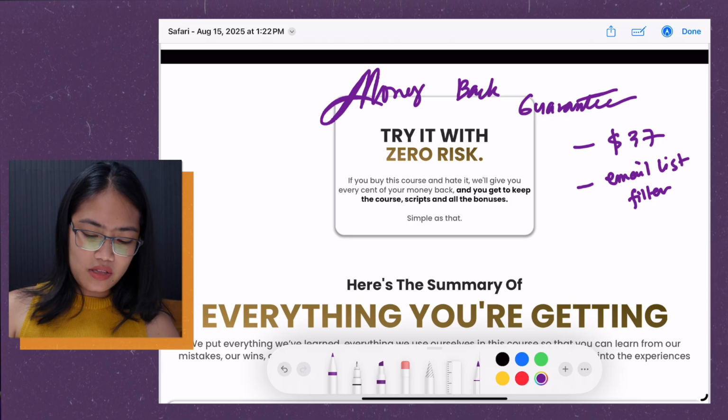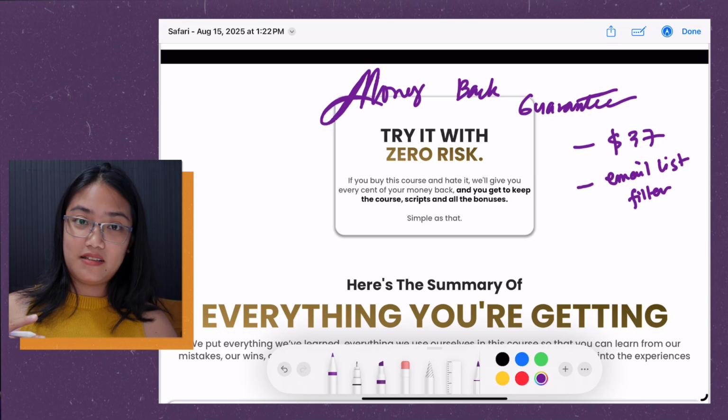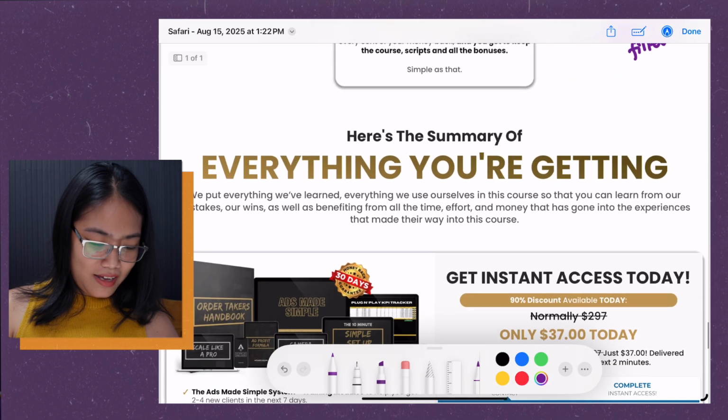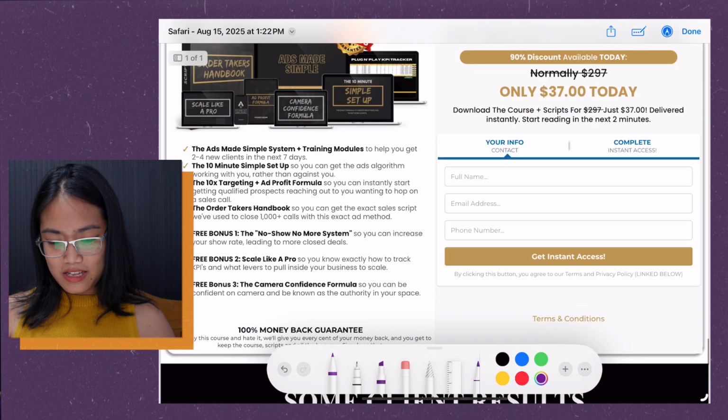So he's losing 37 bucks. He's losing an email list. He's getting an email list filler, which isn't always a good thing. Yeah. So those are the two things that he is willing to take in order just to get you to buy. Okay. Here's the summary of everything that you're getting, which is good.